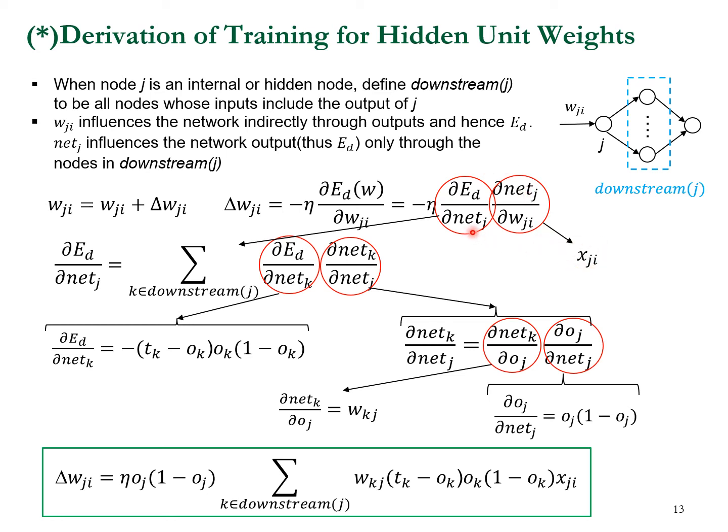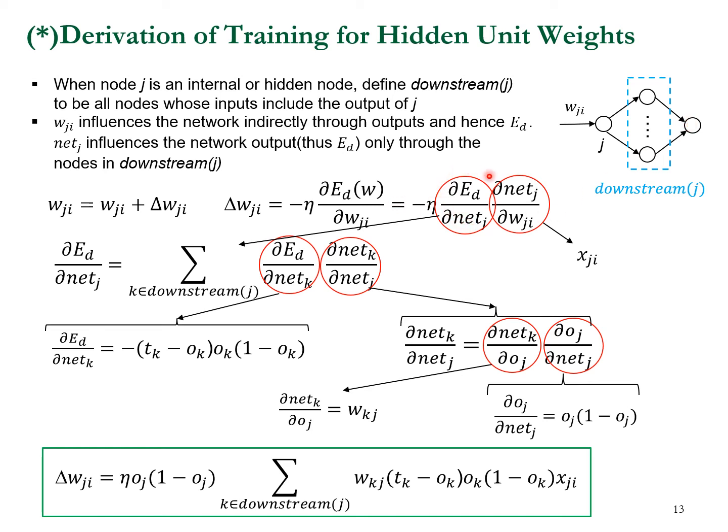Now let's compute this part, the influence of net J on the error function. The net J value in the J node goes through this node, which influences each of these nodes, and then each of these nodes influences the output node. That's what happens.